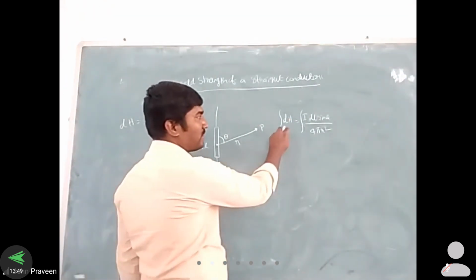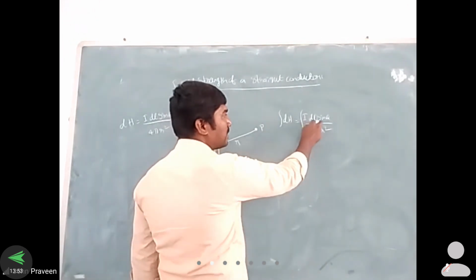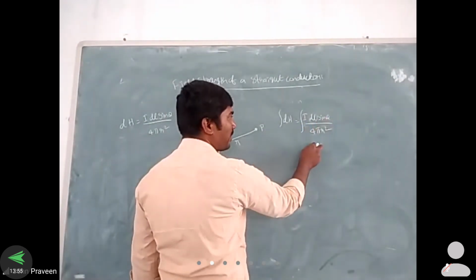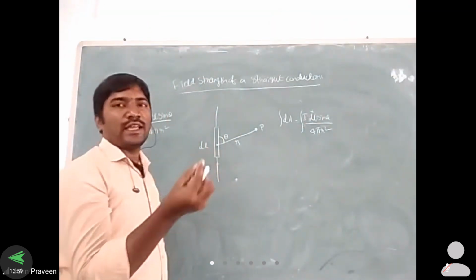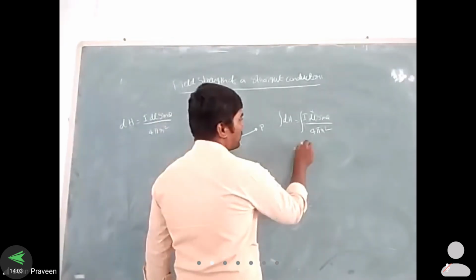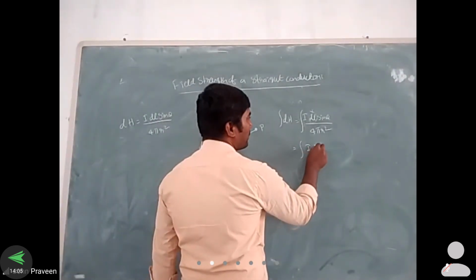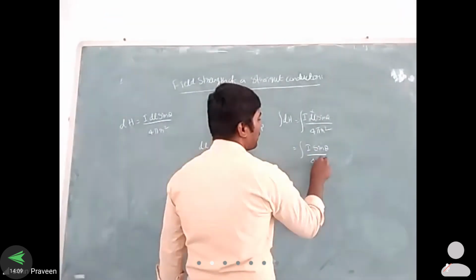So integral of dH is equal to integral of I into dl sin theta by 4 pi r square. We remove the length because it is a negligible small length, so it becomes integral of I sin theta by 4 pi r square.